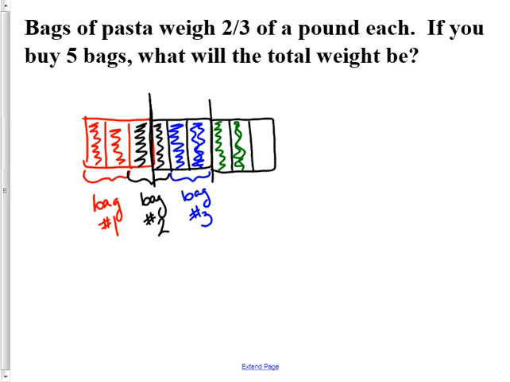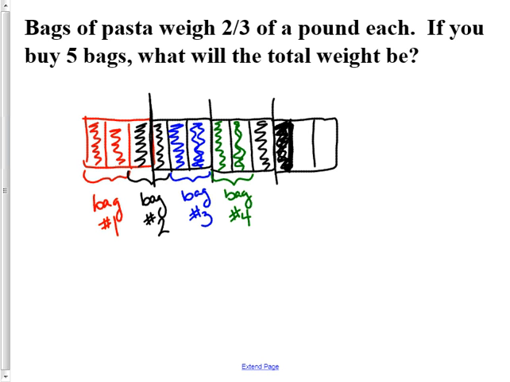And then I have my fourth bag of pasta here. And I need one more bag. And here's a third of a pound for that bag. That's going to fill up that whole pound. And then from the next pound, I need another third. So if we look now, here's bag number 5.